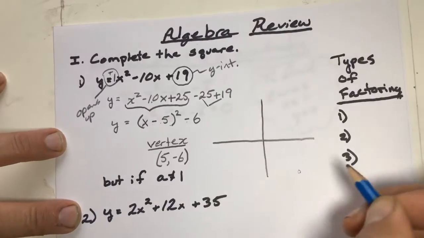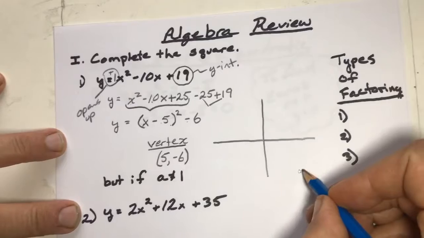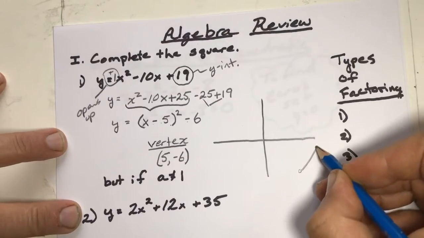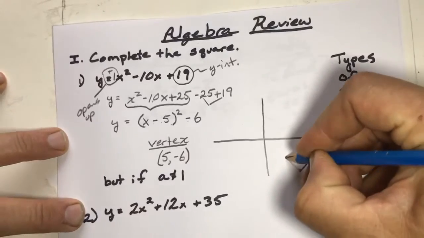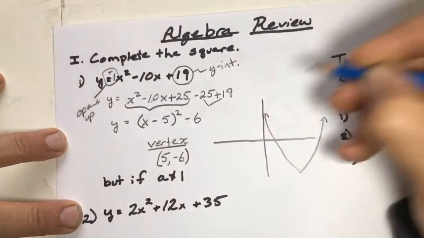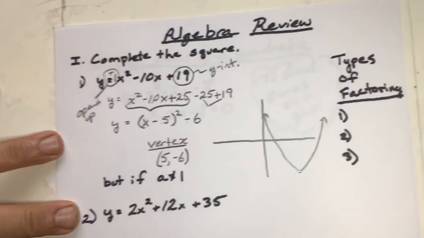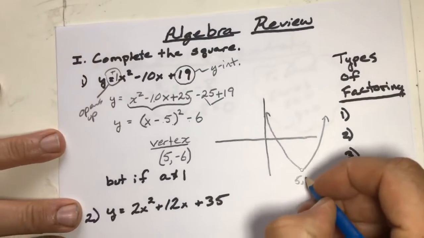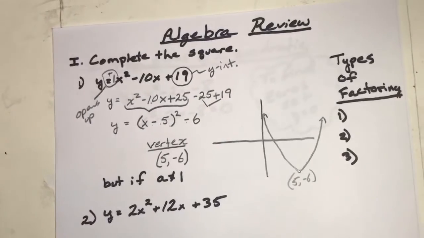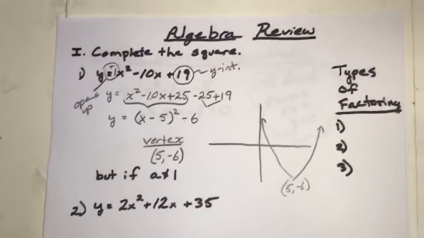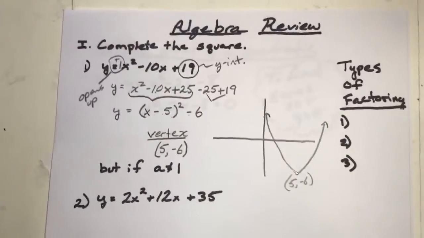I'm just estimating there. That means this parabola does something like this. So there are a lot of things that I would know by completing the square.